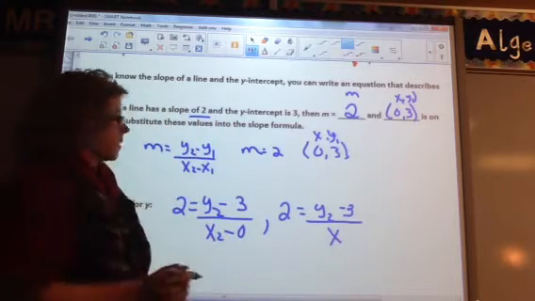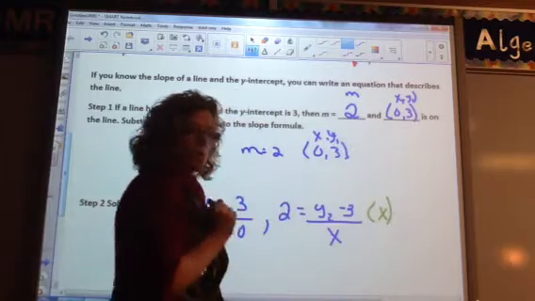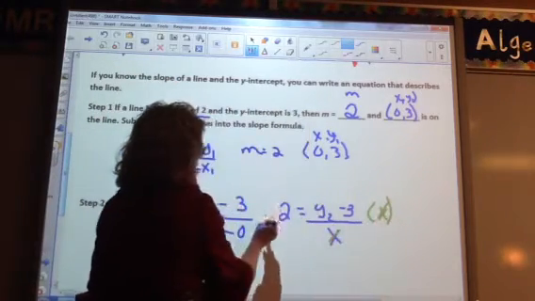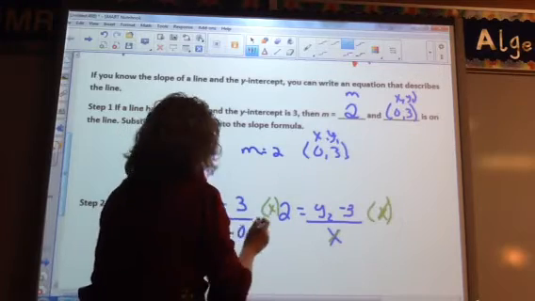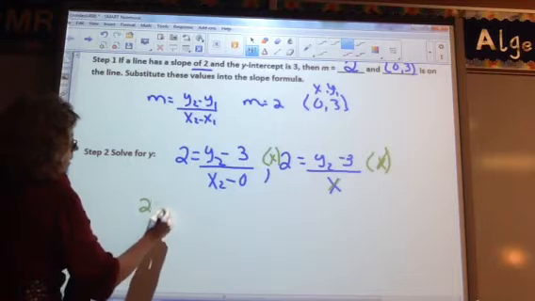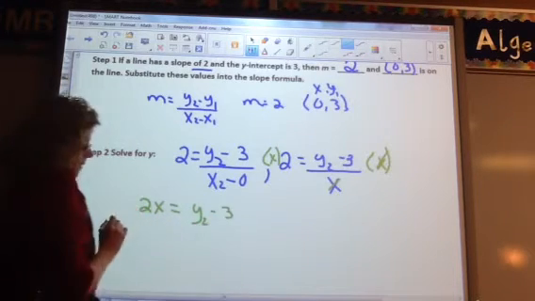By canceling out the denominator, I can multiply the left side and the right side of this equation by x. X over x cancels out to 1, so I must do the same to my left side. So what I have here is 2x on the left side equals y minus 3.